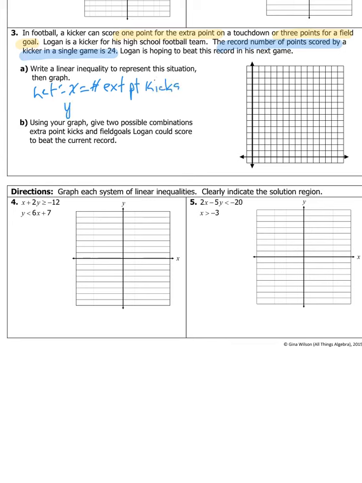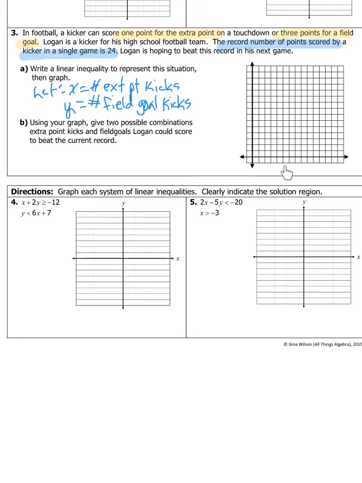And we're going to let y equal the number of field goal kicks. Now, to be honest, it doesn't matter which one of these is x or y. And we are only in the first quadrant because you cannot have a negative number of kicks or a negative number of field goals. So that's just not possible.